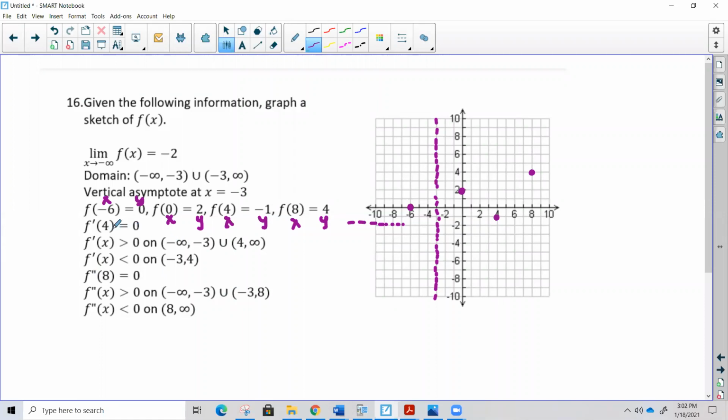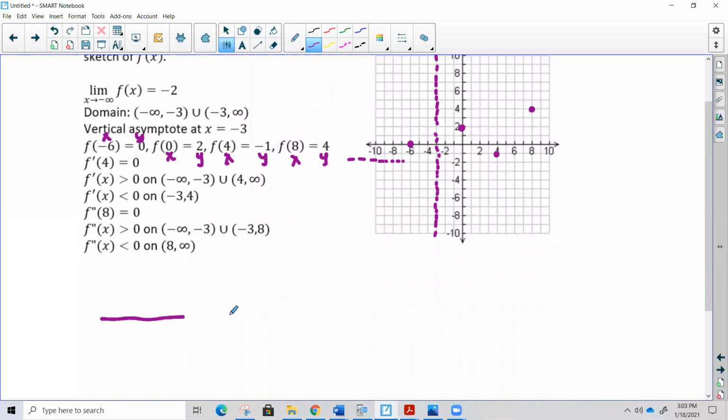So I know the first derivative at 4 is 0. I know from negative infinity to -3, my derivative is positive, so it's increasing, and also from 4 to infinity. So I like sign charts because they help me figure things out. It's completely up to you if you need them or if you just want to use the information.